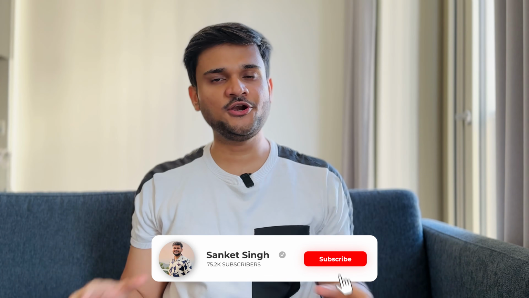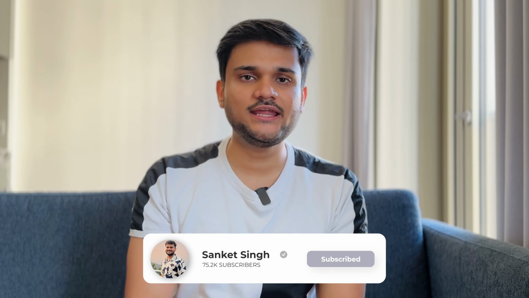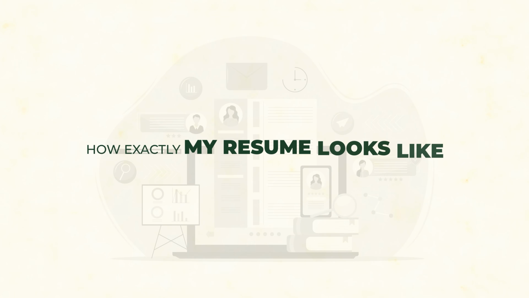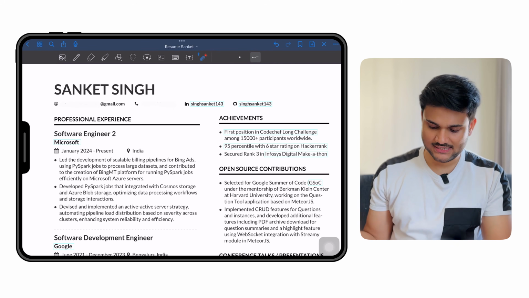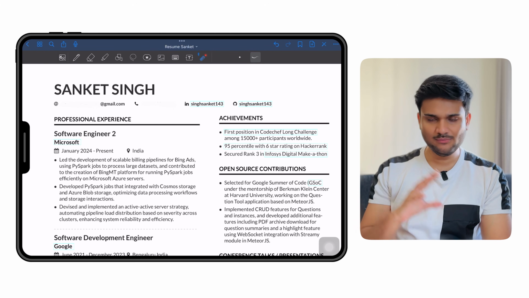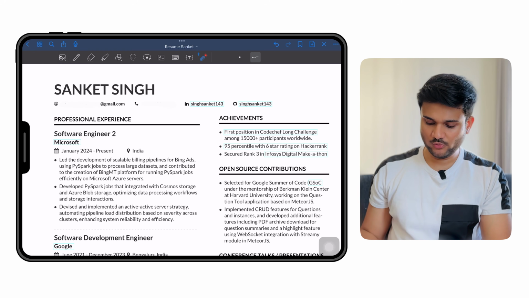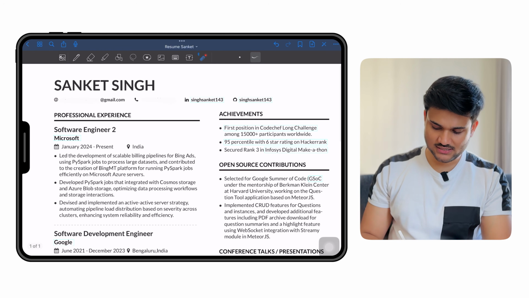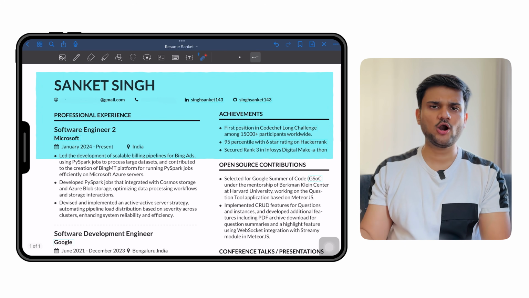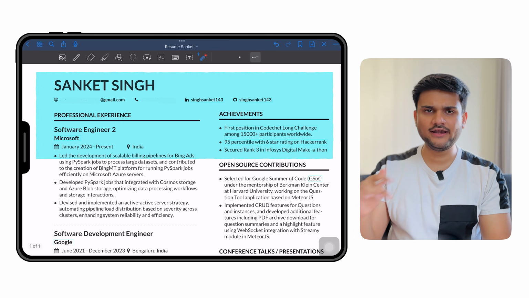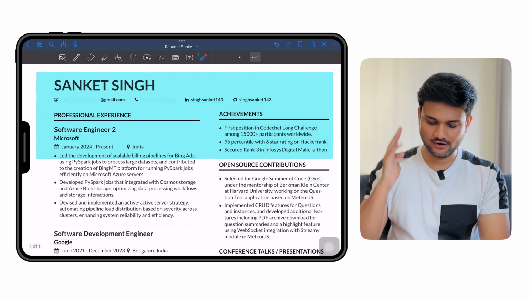So without any further ado, let's start taking a deep dive into how exactly my resume looks. You can see this is my resume, and the moment you land on the resume, you will realize that at least in the starting part, I have not added anything random, straight to the point.